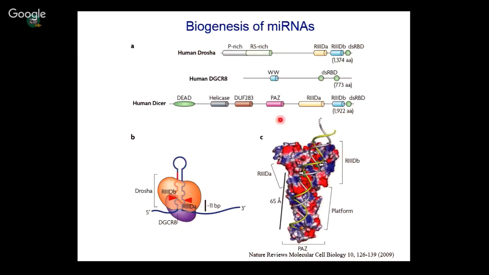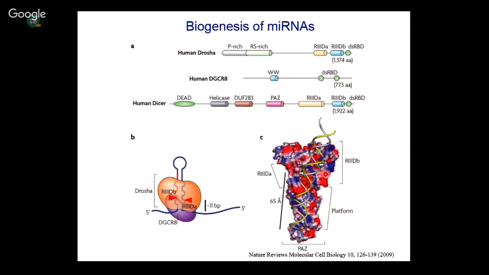And the third one is the human Dicer. We know that it's involved in processing long double-stranded RNA and hairpin RNA to cut into 21 nucleotide duplex. Similar to Drosha and DGCR8, it contains RNase III domains, RNase IIIA and IIIB.